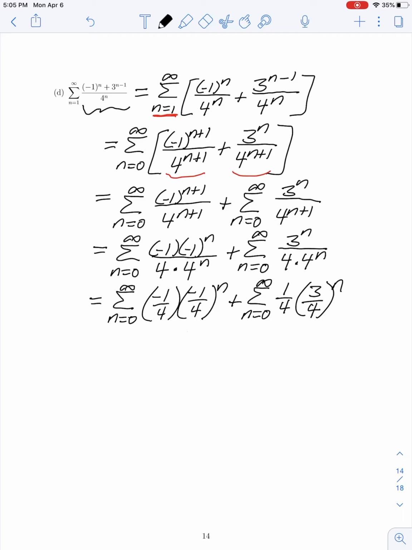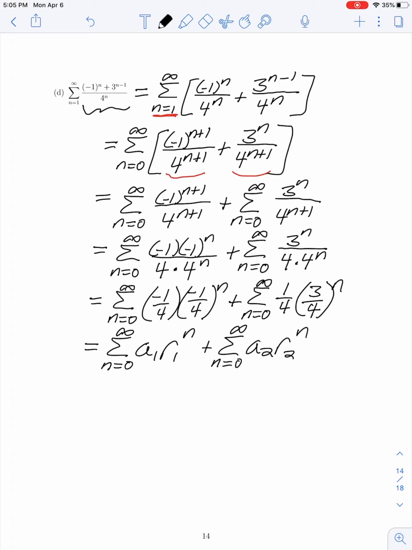So each of these series has the standard form for a geometric series. This first one, we've got the sum from 0 to infinity of a constant, let's call it a1, times a ratio r1 to the nth power, plus the sum from 0 to infinity of a constant a2 times a ratio r2 to the nth power.